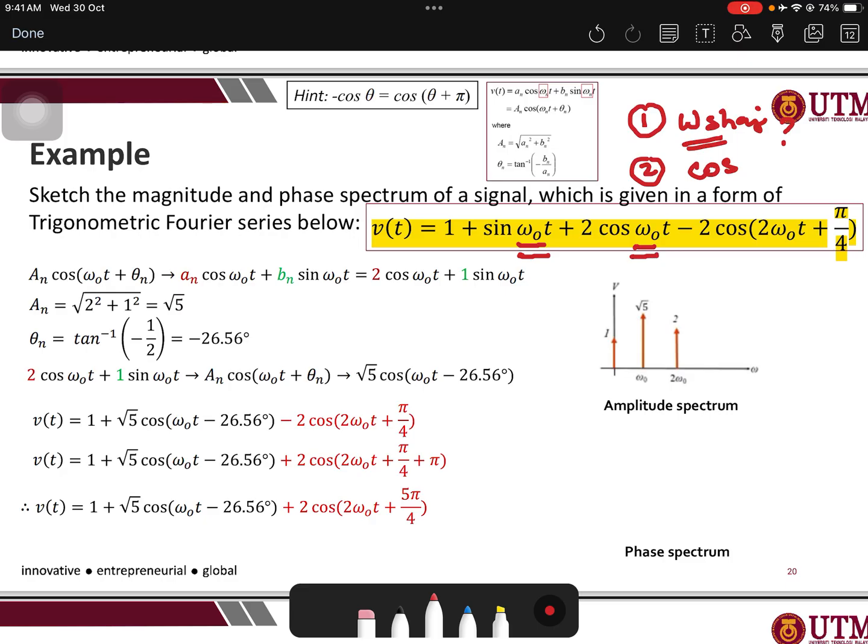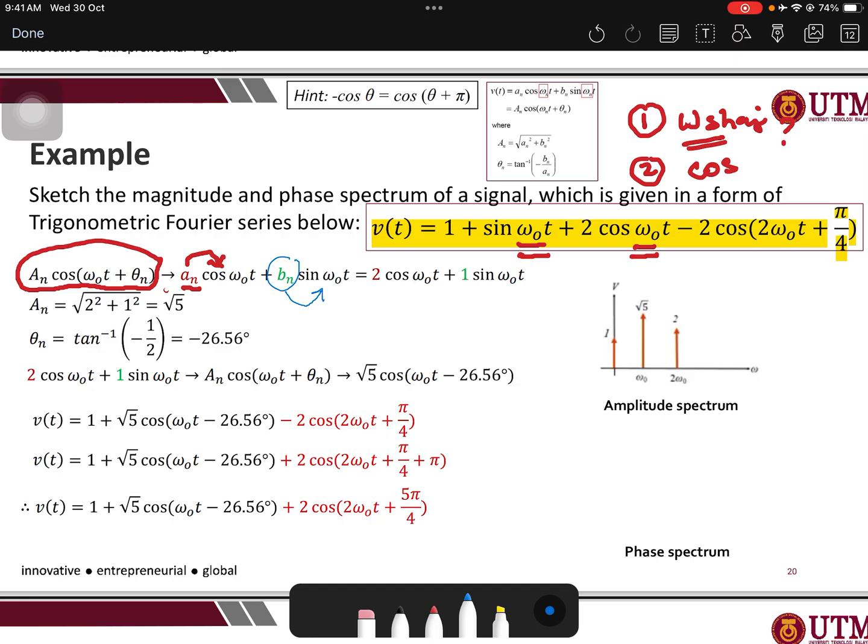Therefore, what you have to do is convert in terms of the cos. It is very important to represent our trigonometric signal in terms of the cos, because it is the common signal. To convert this, remember that an belongs to the cosine, whereas bn belongs to the sine omega t.